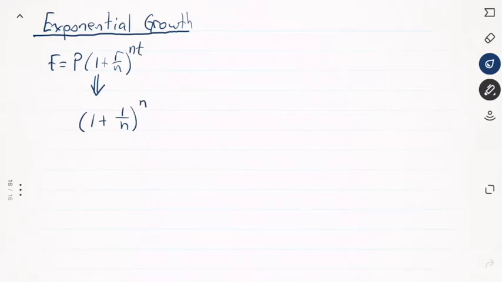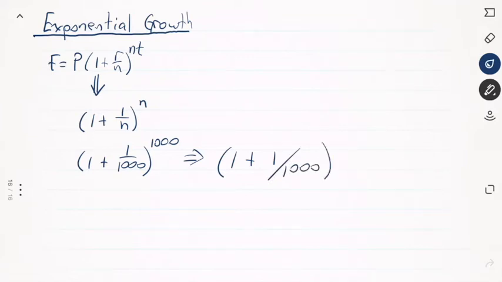Now, if you take n and you type in any number that you want for it, and I highly suggest a rather large one, what you'll find, like if you put in 1,000 and raise it to 1,000. Now remember, to type this in a calculator, it would be 1 plus 1 divided by 1,000 in parentheses, and then you have to put a caret and then 1,000.